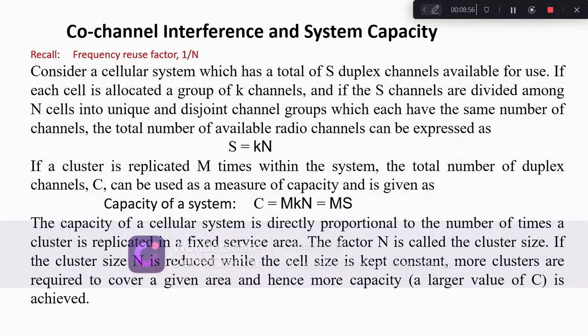For that, the simple relationship between these variables is: if you reduce the cluster size N, it means that m is bigger, and a bigger value of m will give you a bigger value of C.